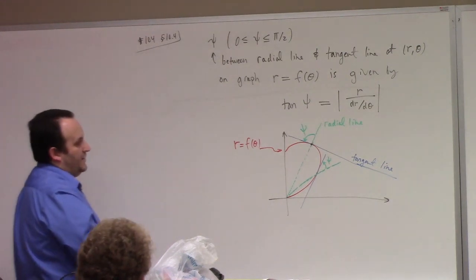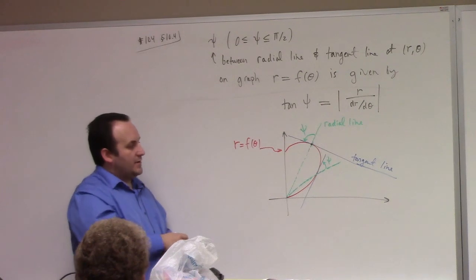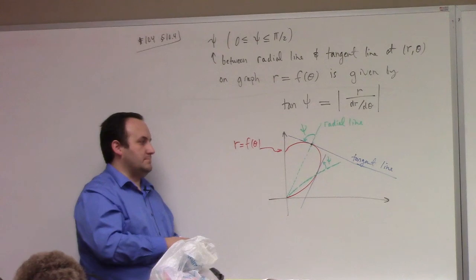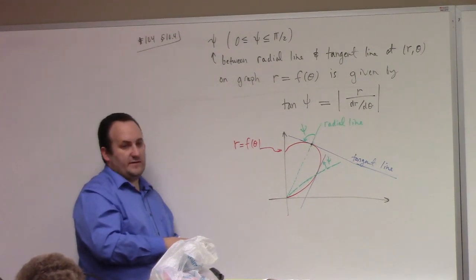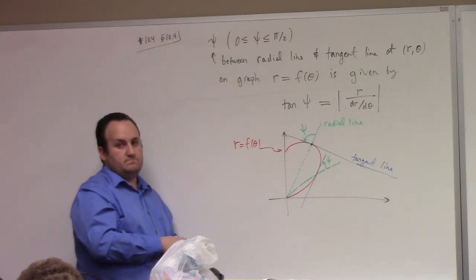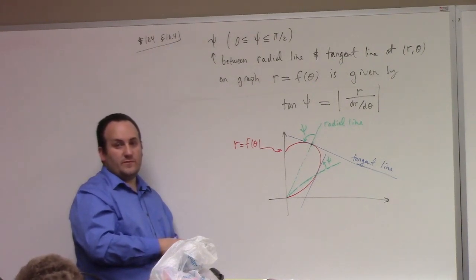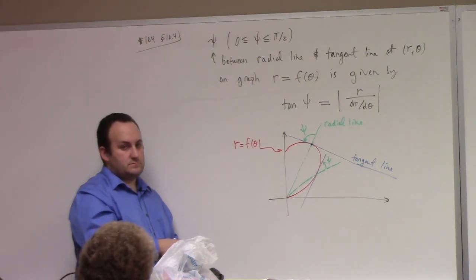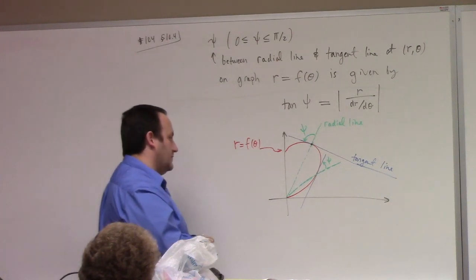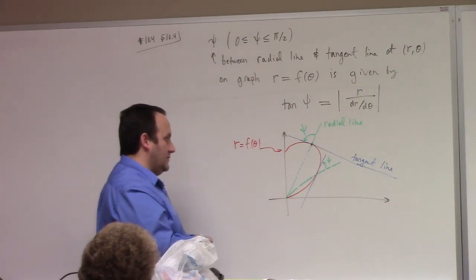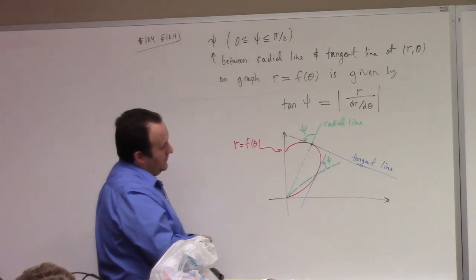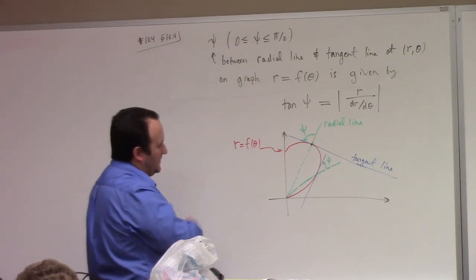So how do we capture that angle as it relates to the radial line and the tangent line to the curve? You had an idea, Josh? No? Well, the thing that I think of right offhand would be to measure the angles.